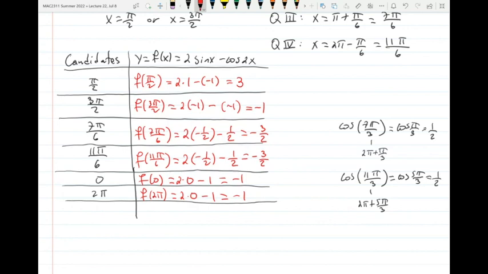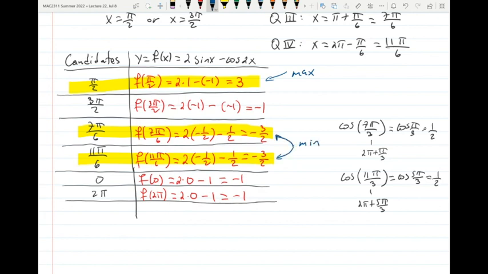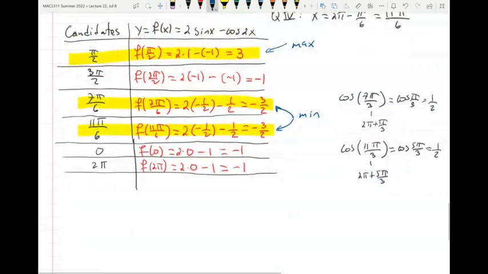Then looking at this table, it's clear that the highest value is this one. So this is our maximum. And then the lowest value is negative 3/2. But notice that negative 3/2 showed up at 2 places. So we have a minimum, but the minimum actually showed up at 2 locations.